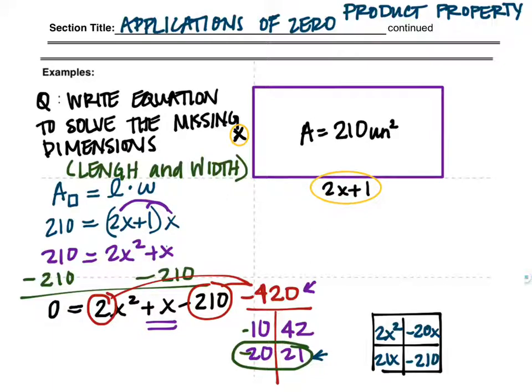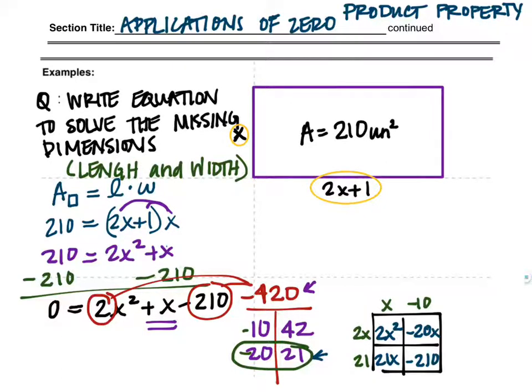So I'm going to indicate that in the first row I can take a 2x out of both. In the bottom row it looks like I can take a 21 out of both. In the first column it appears that I can take just an x. And in the second column it looks like I can take a negative 10 out.